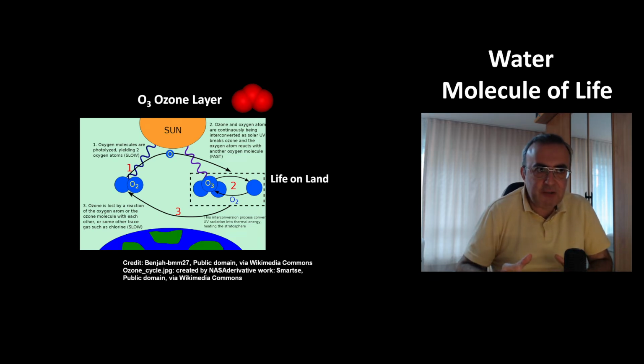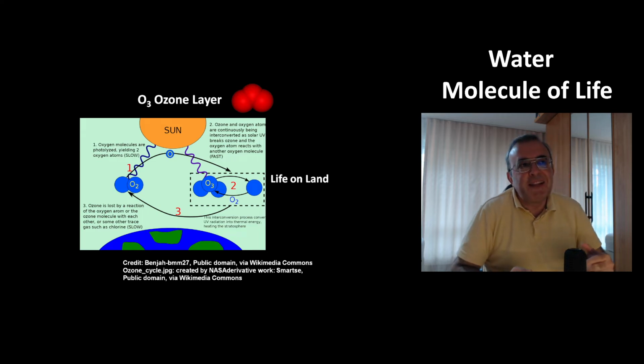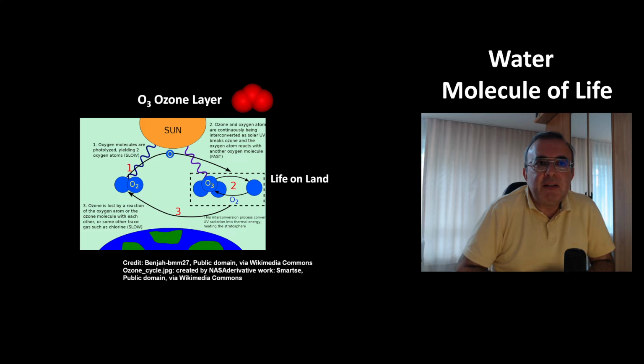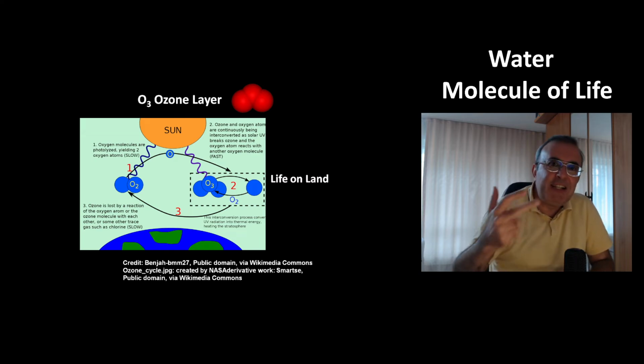And this O2 and O3 cycle converts dangerous UV photons into harmless infrared photons. And that protects life on Earth, on land, because the high energy UV photons would destroy all organic molecules. And the ozone layer prevents that.